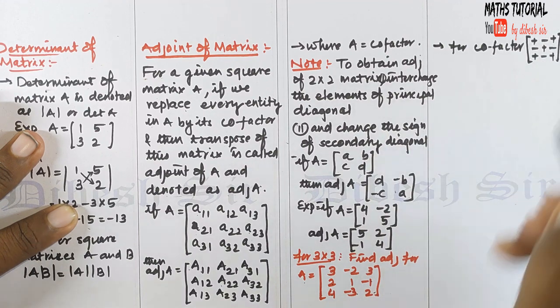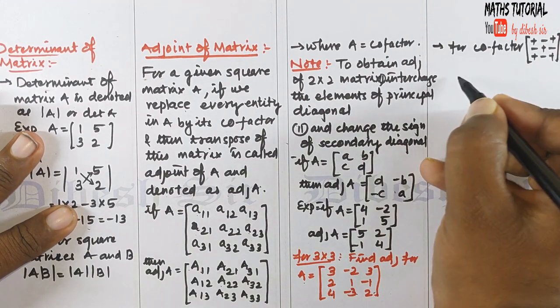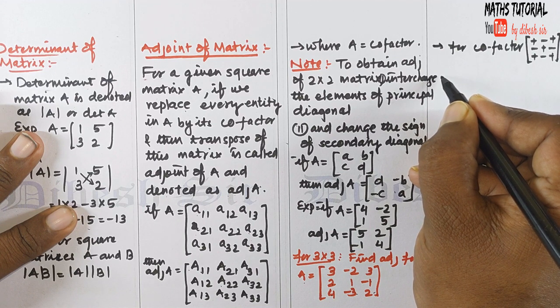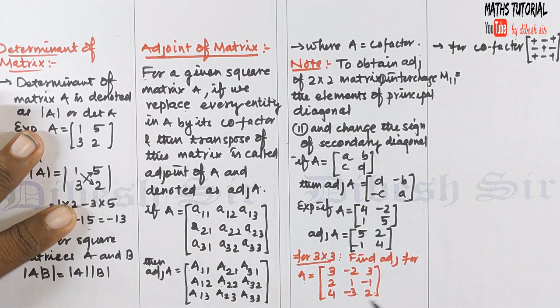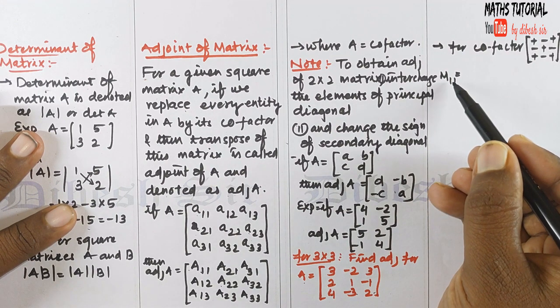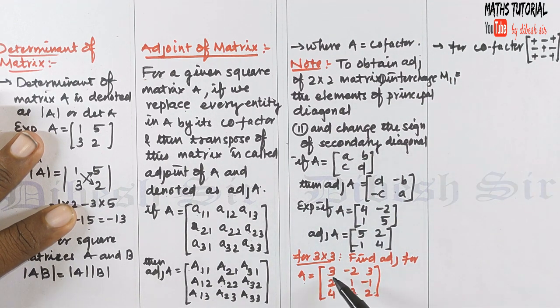Remember this sign scheme. Let's find first minor M11. M11 means first row, first column. Close the first row and first column. So what is left? Find the determinant of the remaining matrix.